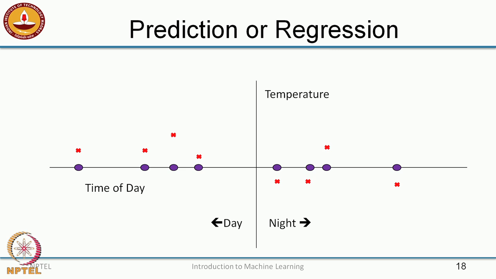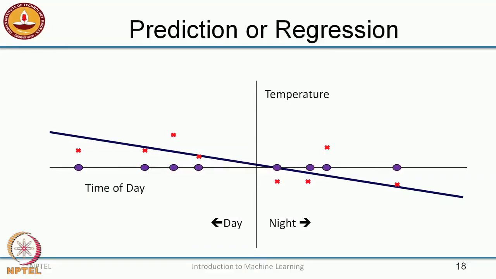You could think of this, in this toy example, as points to the left being day and the points to the right being night. Just as in the previous case of classification, we could try to do the simplest possible fit in this case, which would be to draw a straight line that is as close as possible to these points.